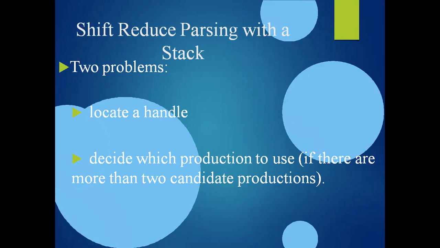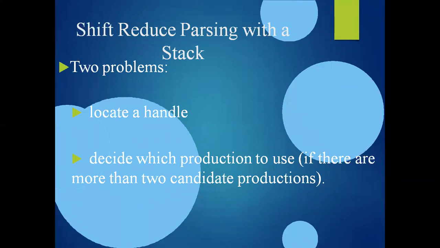So by using this stack, we are storing and accessing the LHS and RHS of the rules. Now, knowing the principle and the data structures of shift-reduce parsing, we are going to learn about the problems of shift-reduce parsing.